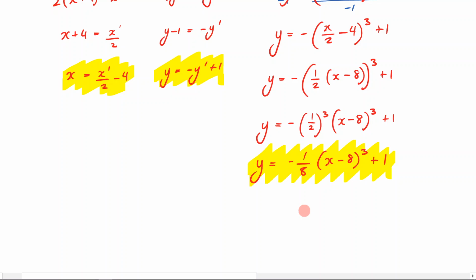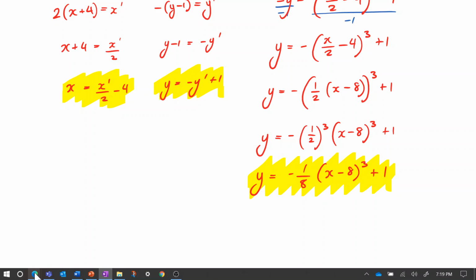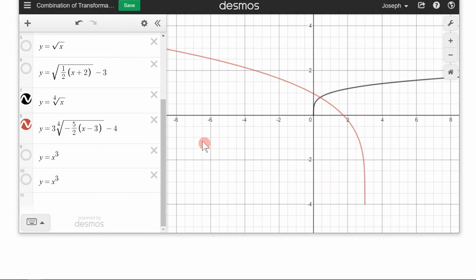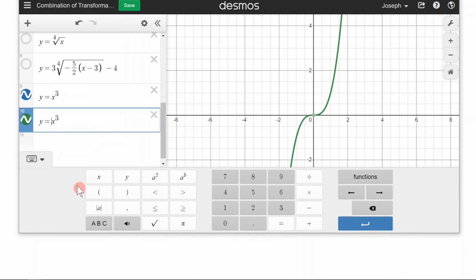That was pretty cool. Okay, let's now bring up Desmos and walk our way through this question and show you what we did. So we started with this, and the first thing we did, let me get up the question, is we translated 4 units in the positive x direction.